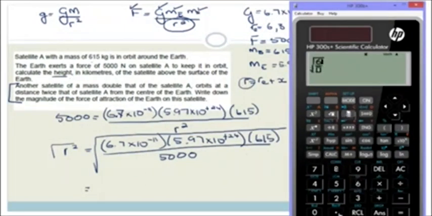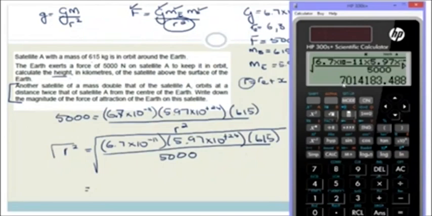So we've got 6.7 exponent negative 11 multiplied by 5.97 exponent 24 multiplied by 615, all divided by 5,123, equals, much better. So we've got 7,014,183.49.